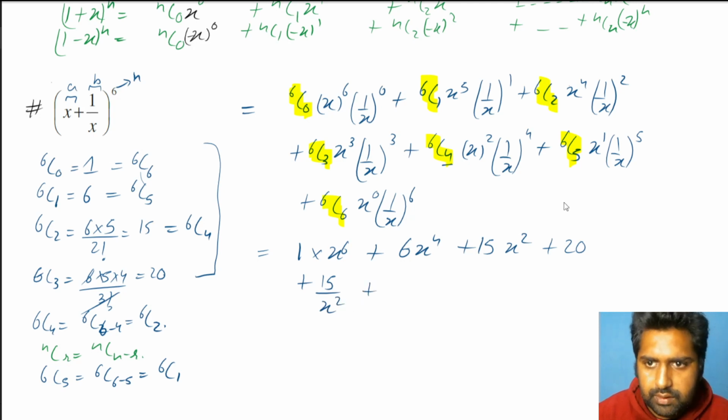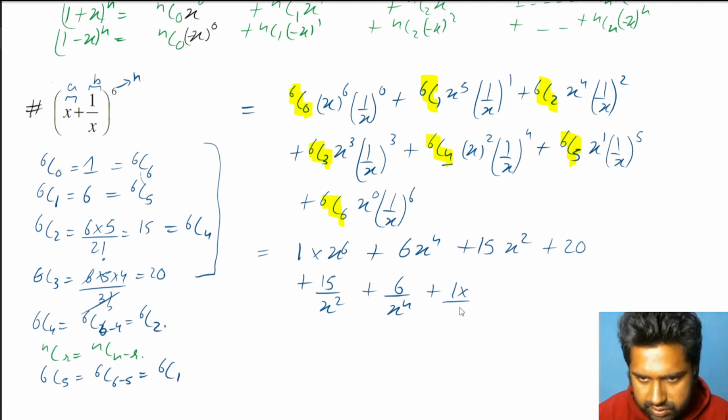6c5 is same as 6c1, that's 6 into x raised to power 1 upon x raised to power 5, that becomes x raised to power 4. Lastly 6c6 is 1, into x raised to power 0 is also 1, 1 by x raised to power 6. That's it.